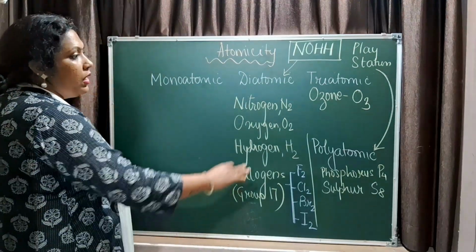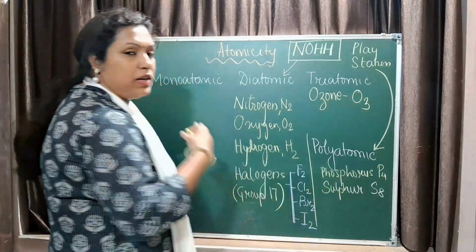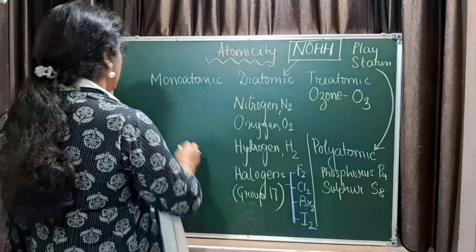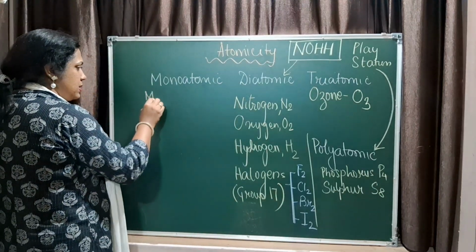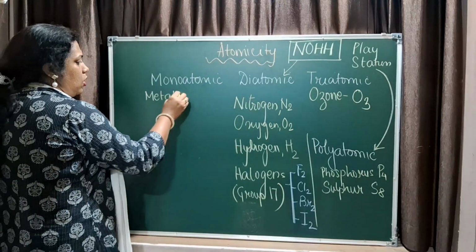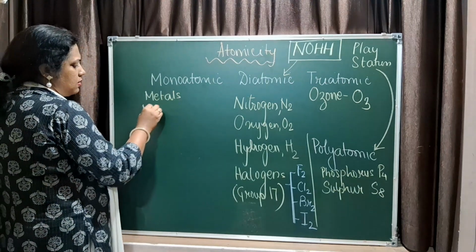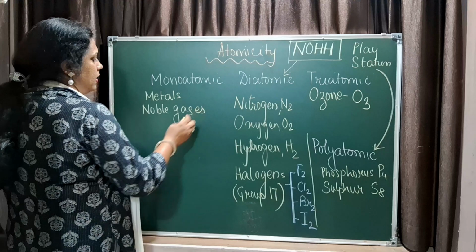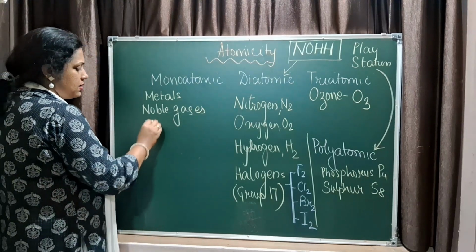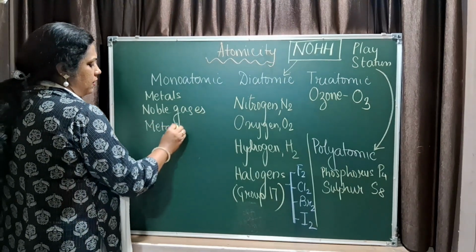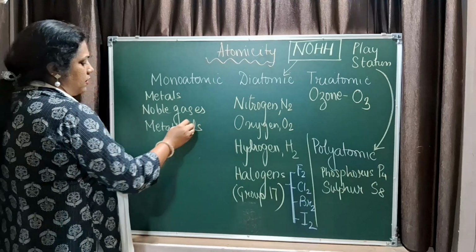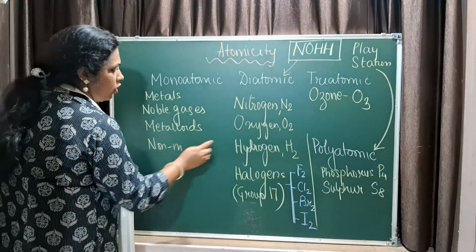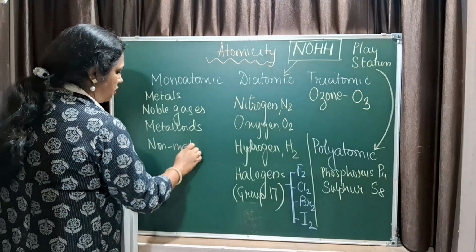Now, leaving these, whatever is left behind is a monoatomic molecule. For example, all metals, all noble gases, and some metalloids, and some non-metals too, because all non-metals are not here.